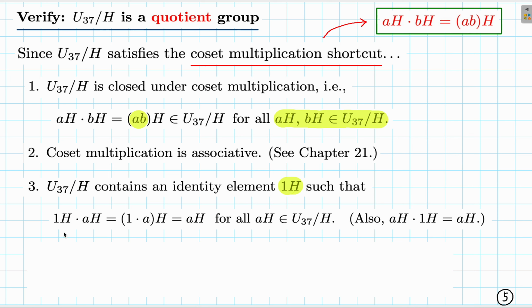So for any coset AH, 1H times AH, well, we just multiply the coset representatives and get 1 times A H, but 1 times A is just A, and so the product is AH. In other words, 1H times AH is equal to AH, and then we also have the other way around. I'll leave the argument to you that AH times 1H is equal to AH, and therefore 1H is the identity element of U37 mod H.